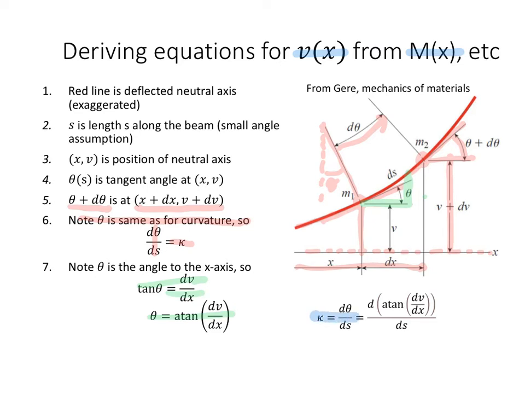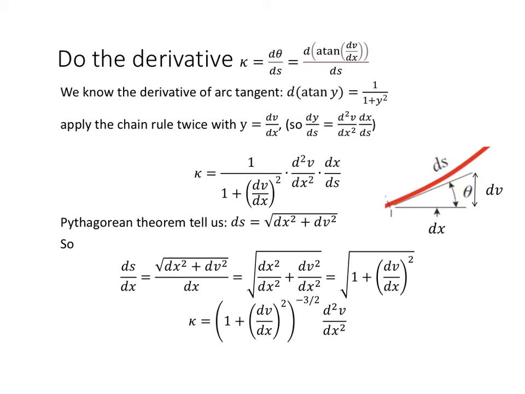Kappa is the derivative d theta ds, which is equal to the derivative of the arctangent of dv dx with respect to s. All right, that looks like a mess, but we'll break that down. So here we have again the same equation for kappa. Now we know that the derivative of an arctangent of y is 1 over 1 plus y squared.